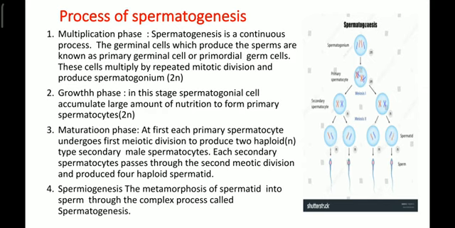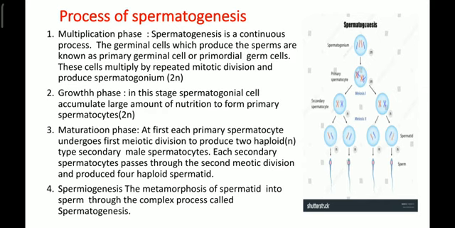Spermatogenesis is a continuous process. The germinal cells which produce the sperms are known as primary germinal cells or primordial germ cells. The cells multiply by repeated mitotic division and produce spermatogonium, which contains the diploid number of chromosomes, or 2n. And the second stage is called the growth phase.